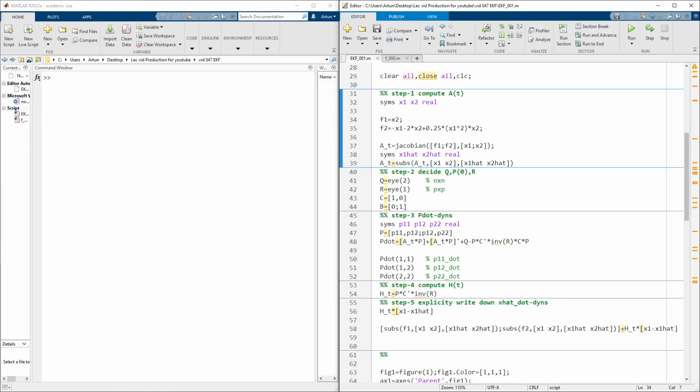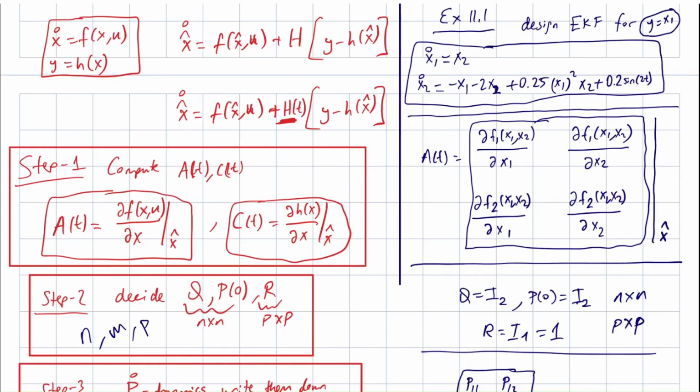By the way, let's go to the tablet again. Let me pick another color. All right, this term again, there is no x1 or x2 in this term, so you can consider it like an input, and it's a sinusoidal term.